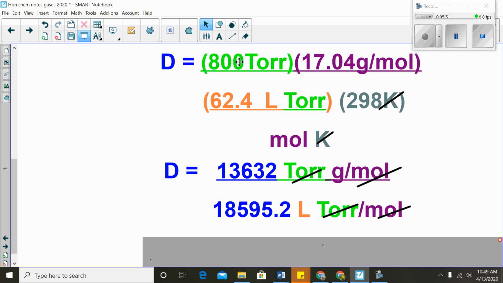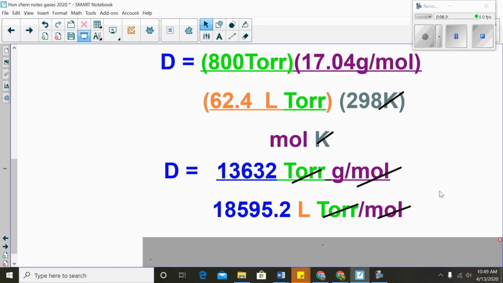All right, so if I multiply 800 times 17.04, I get 13,632. And it was torr gram per mole. Bottom, 62.4 times 298 gets me 18,595.2 liter torr over mole. Now, like units, we'll cancel torr and torr, mole and mole.